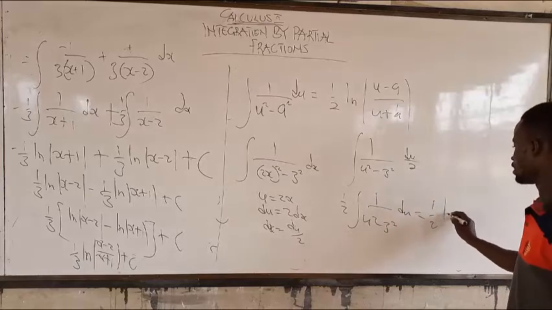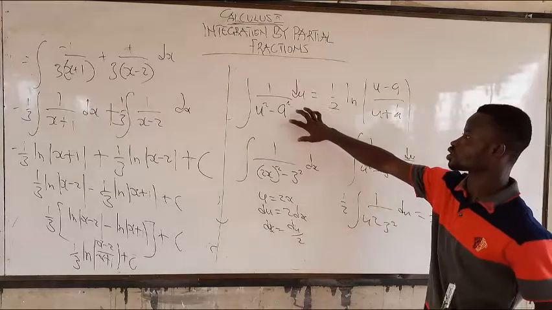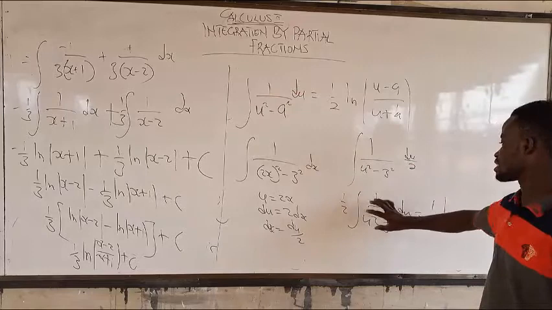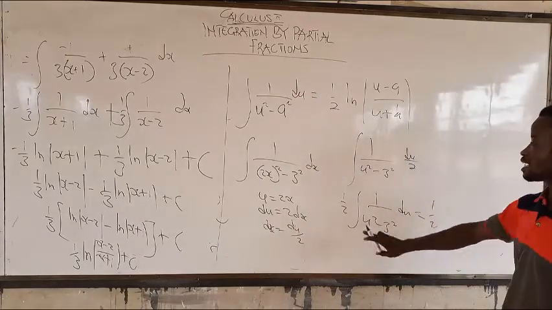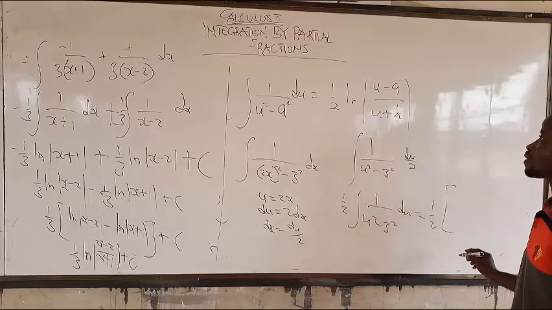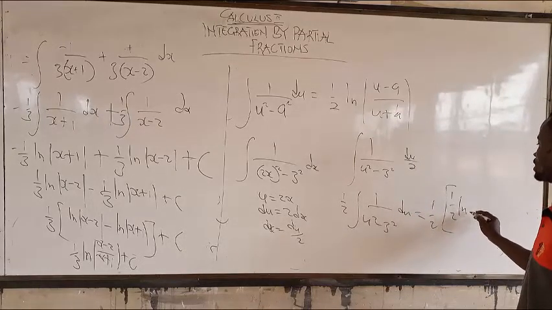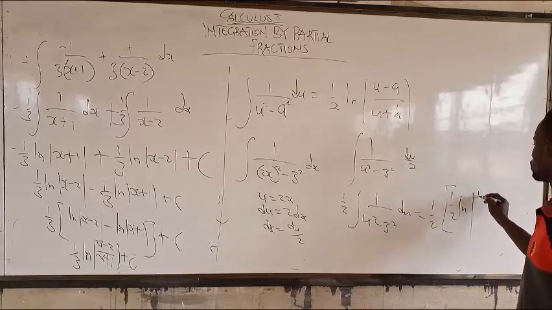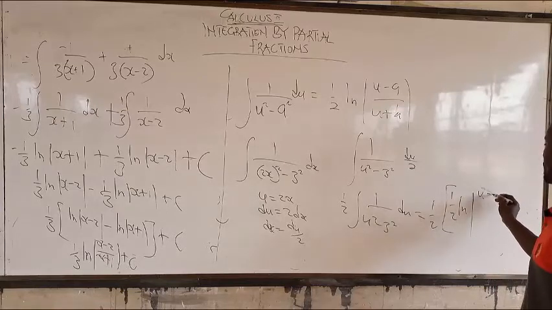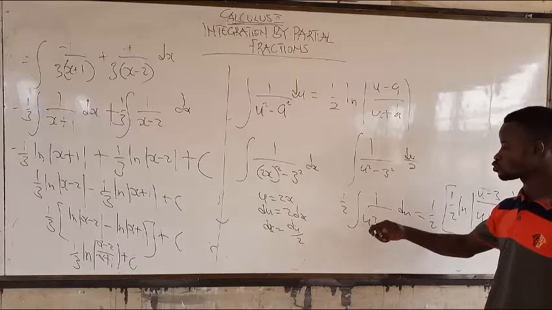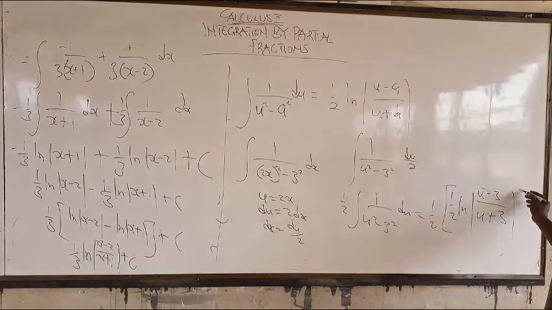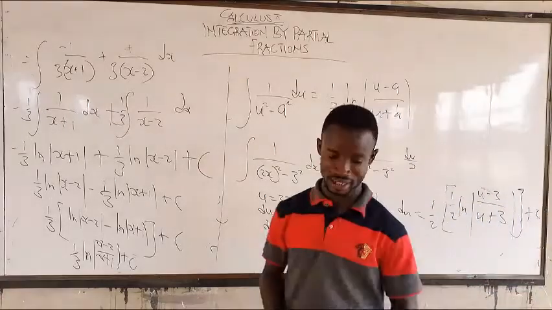half, because we are quoting this in this form. So this half will multiply half ln of (u minus 3) over (u plus 3), because this is a difference of two squares, plus c. That is what we are going to be getting.